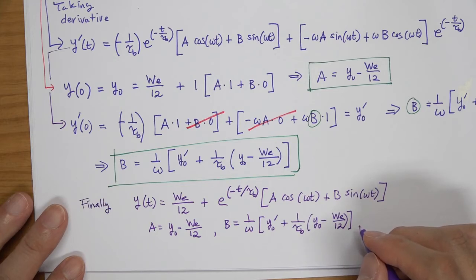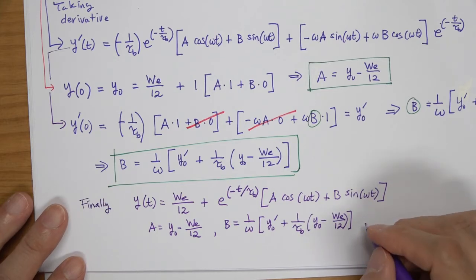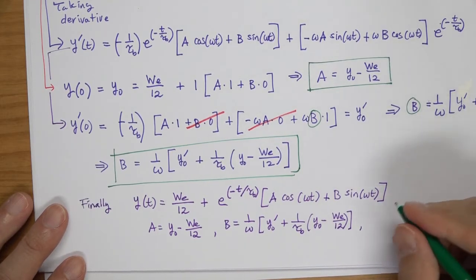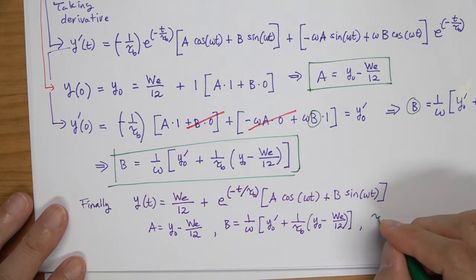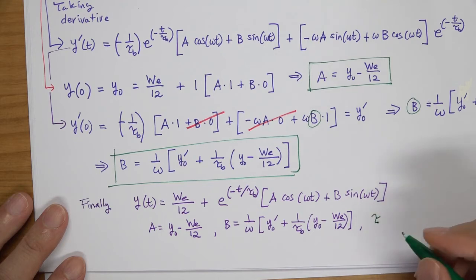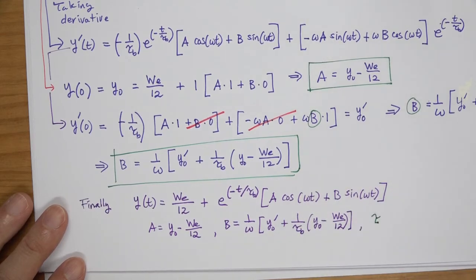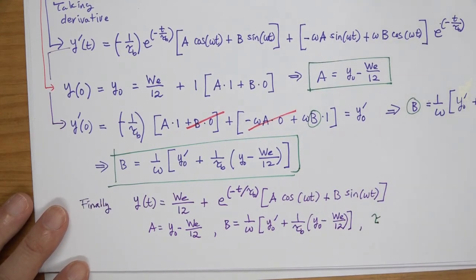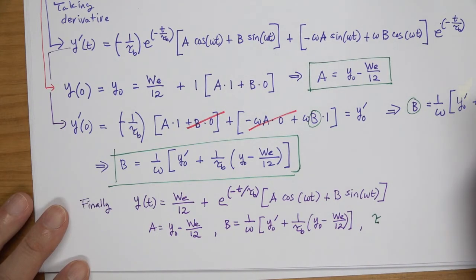And what else? I want you to know that I keep putting this tau b as tau d or vice versa. It doesn't really matter, but let's call this d.